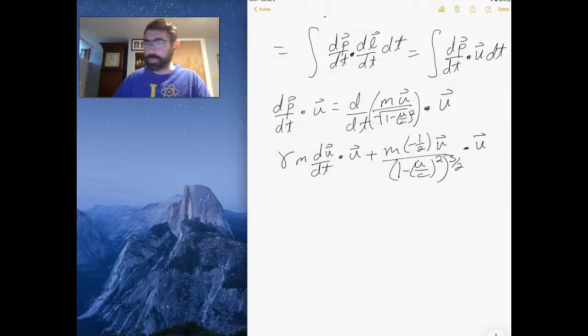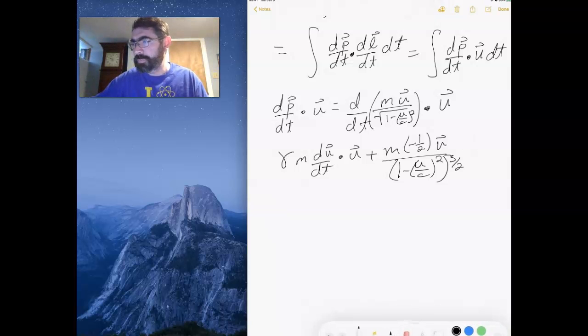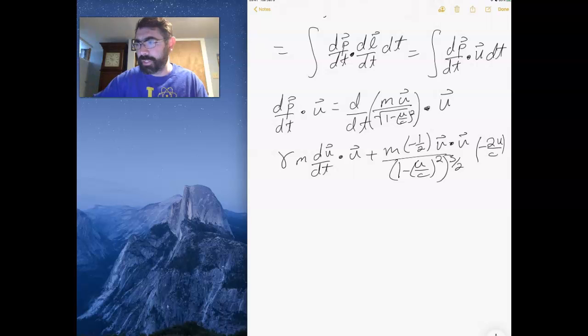And then we still have to work out, dotted into u, the derivative inside the parentheses. So I get minus 2u over c squared, and then a du/dt right there. Okay, so let's clean that up.